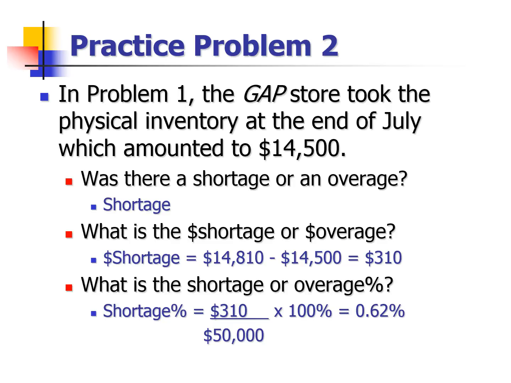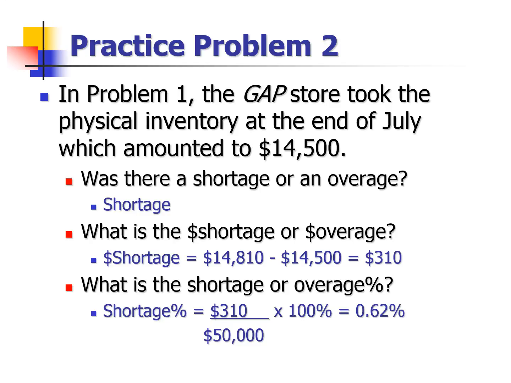Alright, first, it should be a shortage case, right? So you have less physical inventory than what the book says. Book inventory was $14,810, whereas your physical inventory is only $14,500, right? The dollar shortage amount will be the difference between the physical and book inventory, which is $310. So that much is short in your physical inventory, right?